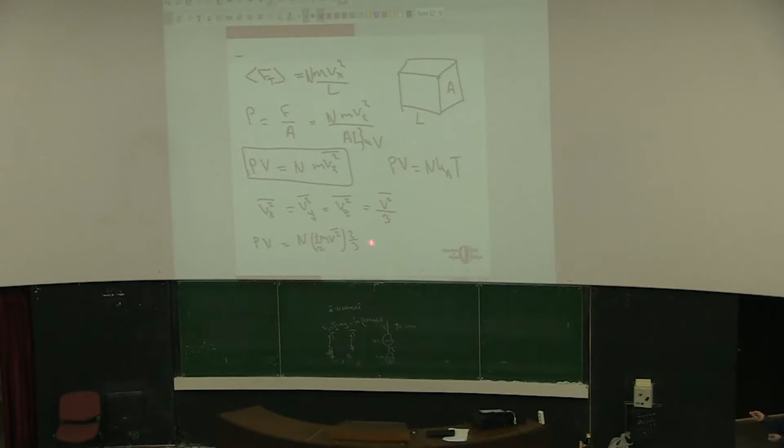Vx squared is equal to Vy squared is equal to Vz squared, so you can replace Vx squared by the average of the square of the speed divided by 3. And so the pressure of the gas times the volume just turns out to be equal to the number of molecules times the average kinetic energy of the molecules inside the gas, times 2 over 3.